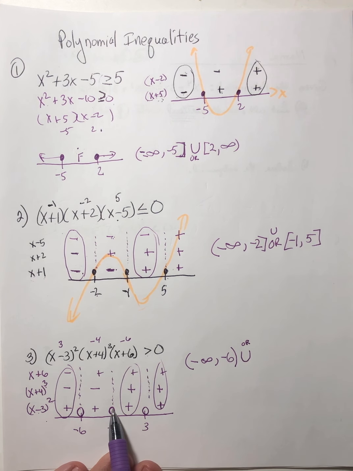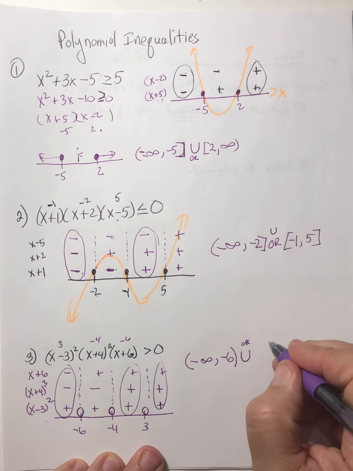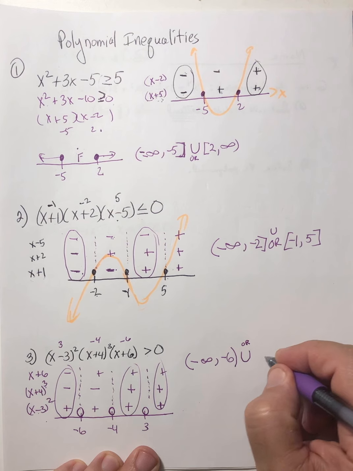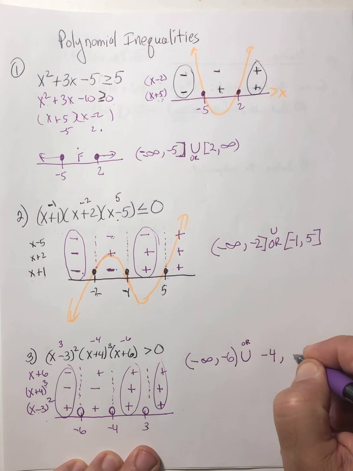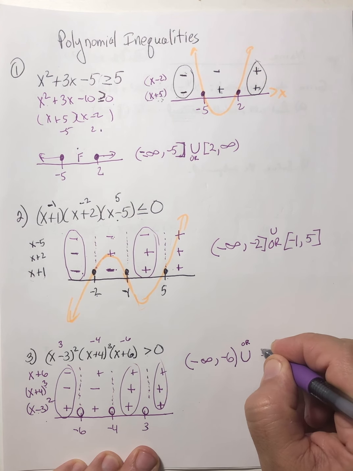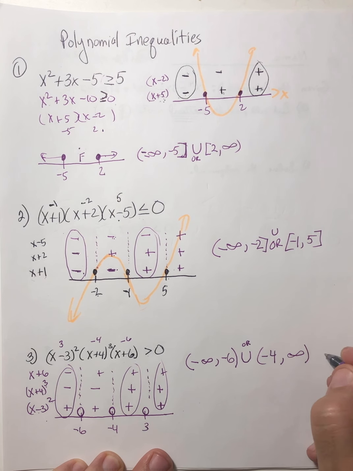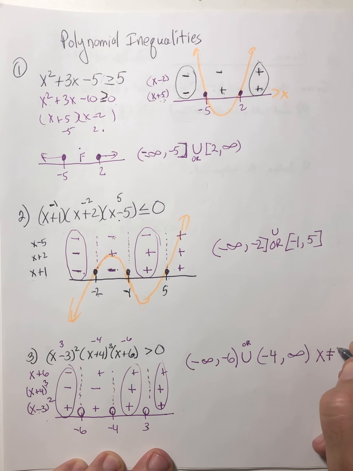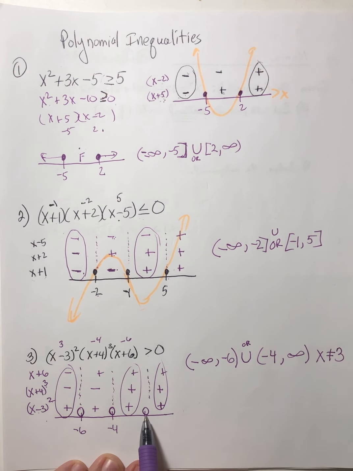I can say negative 4 to infinity and then exclude 3, or we can say negative 4 to 3 or 3 to infinity. Your call. So we can do negative 4 to infinity, and then we just have to say x does not equal 3 because we cannot include 3 because that's an open circle.